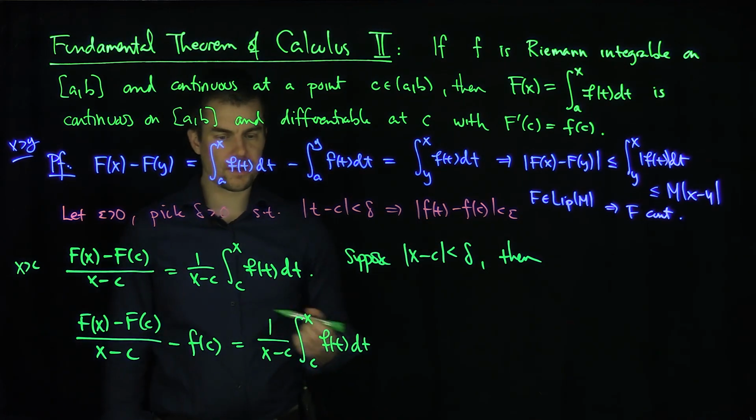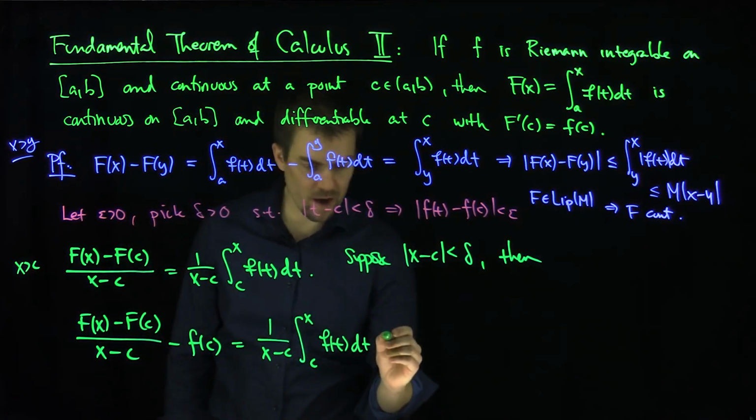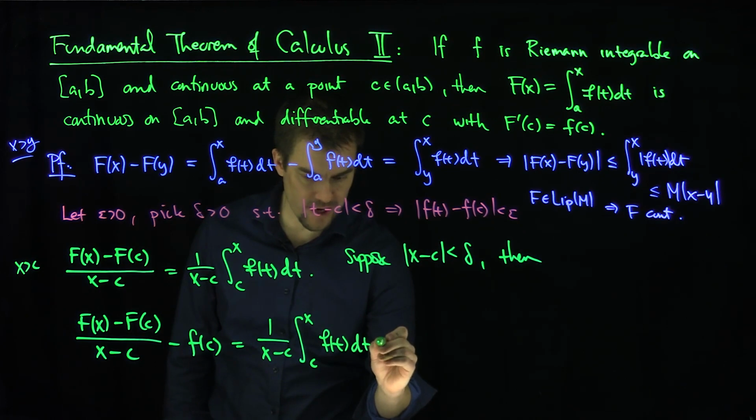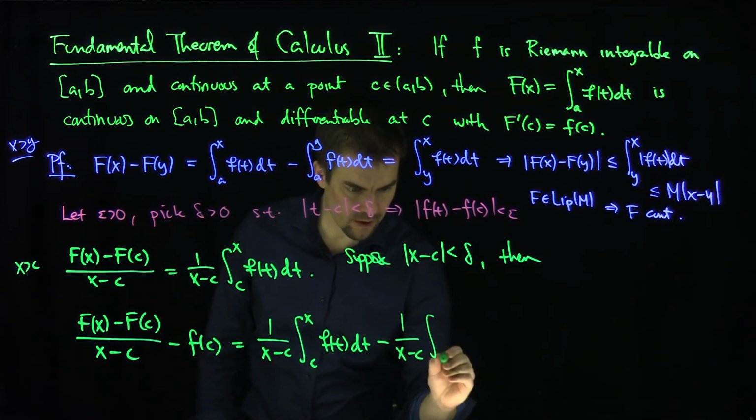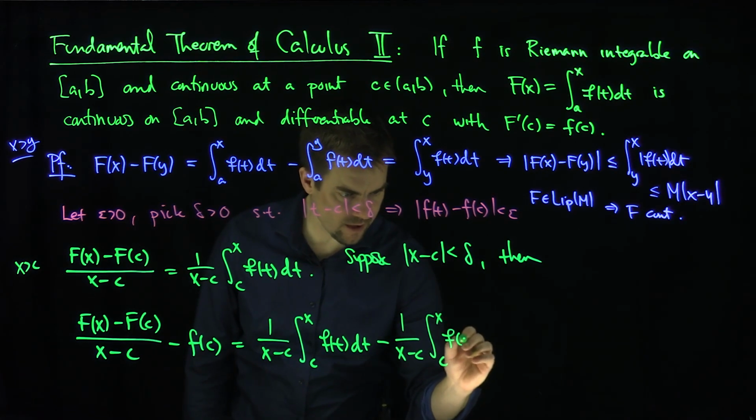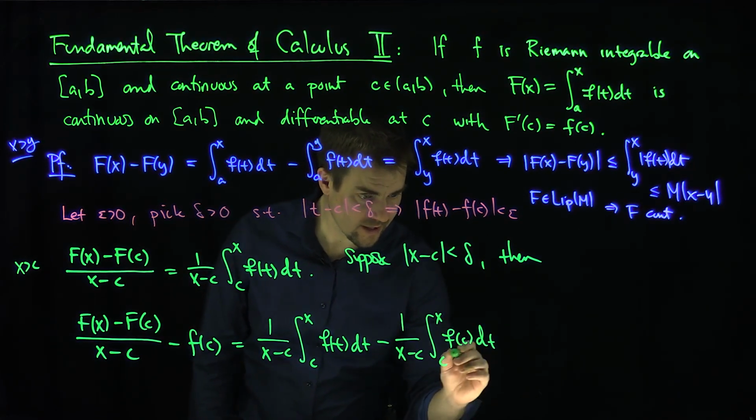And then I'm going to write f of c in a funny way, as negative 1 over x minus c times the integral from c to x of f of c dt. That's a constant now.